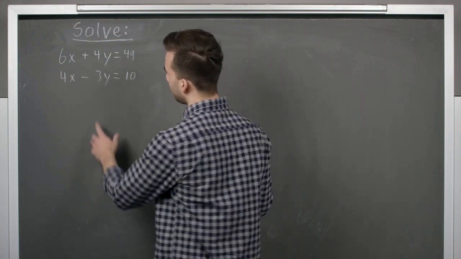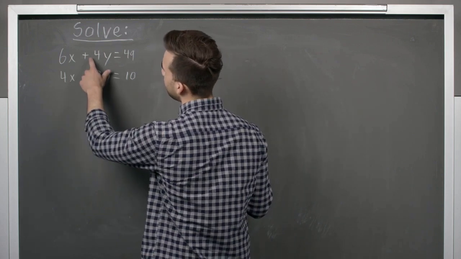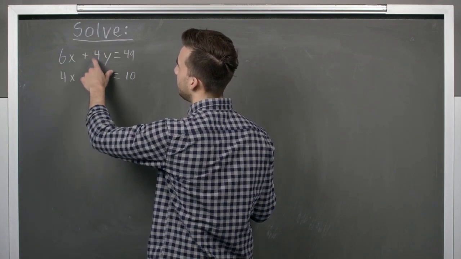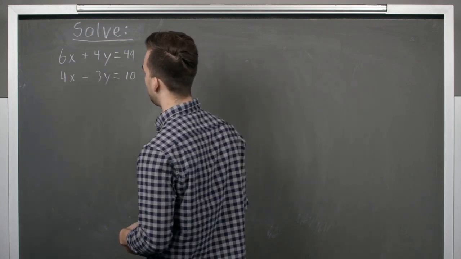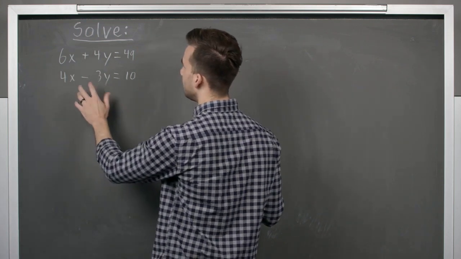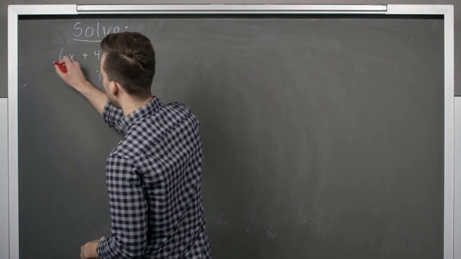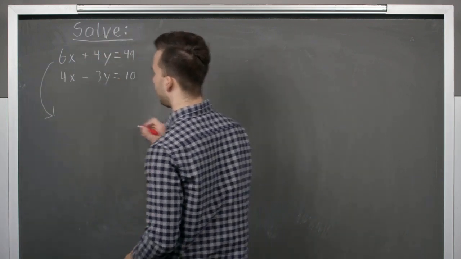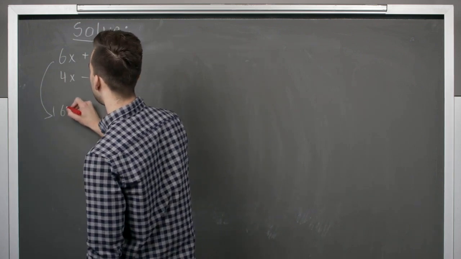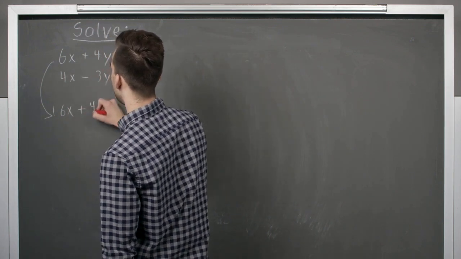So if you look here, we could easily multiply both of these up to either 12 or negative 12. So let's take the first equation, actually. Let's take the first equation and move everything onto one side. So 6x plus 4y.